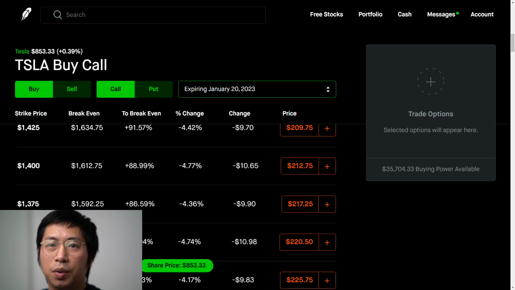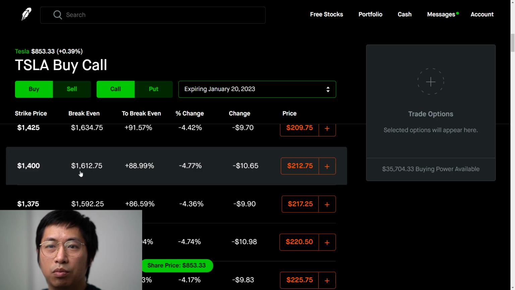Right now, Tesla is only at $853, so it has a long way to go before it even reaches this break-even price. And the break-even price is exactly as it sounds. It's the price that Tesla has to reach on expiration date in order for you to make any money. It has to go past this point. If it's below this point, you actually lose money.